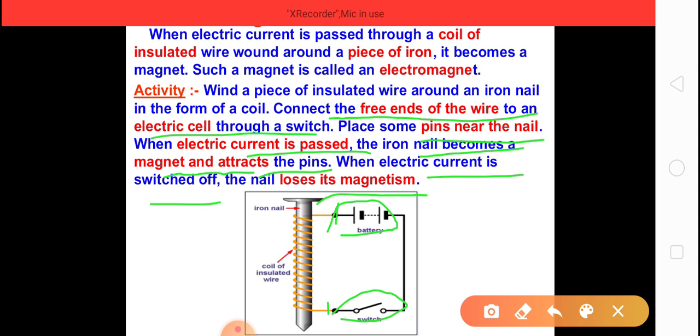And electromagnets are also used to separate magnetic material like iron from metal scrap. So here are some uses that we have seen of electromagnet. Clear, children? Electromagnet.